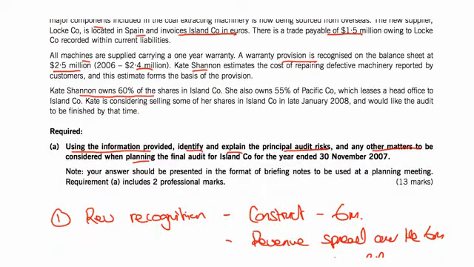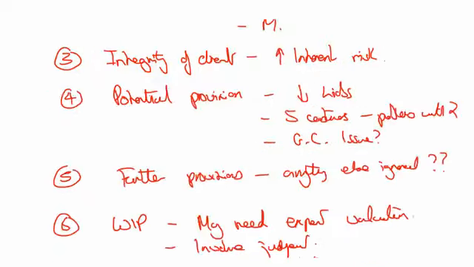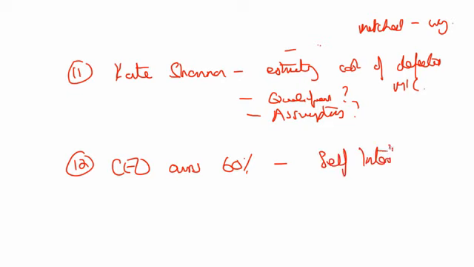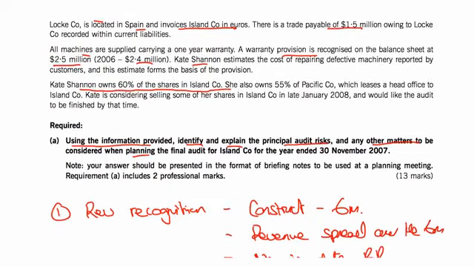Cool. Kate Shannon owns 60% of the shares in Ireland. So why is that an audit risk that your CEO owns 60%? Hopefully you'll realise there's a self-interest risk, therefore a higher risk of manipulation. Super.